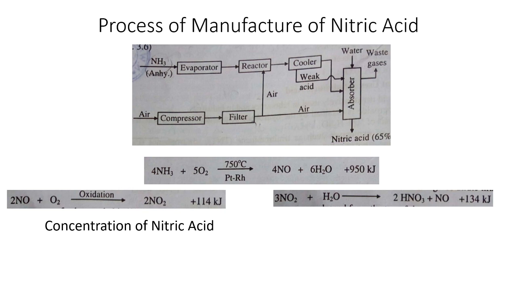Normally, we boil any liquid so that if the solvent is low boiling compared to the desired product, that solvent gets evaporated, and slowly the desired product gets concentrated. But here it is not so. Nitric acid cannot be concentrated by boiling, because it forms a constant boiling mixture.